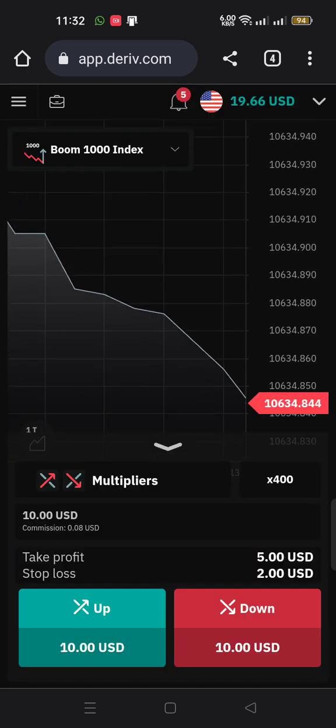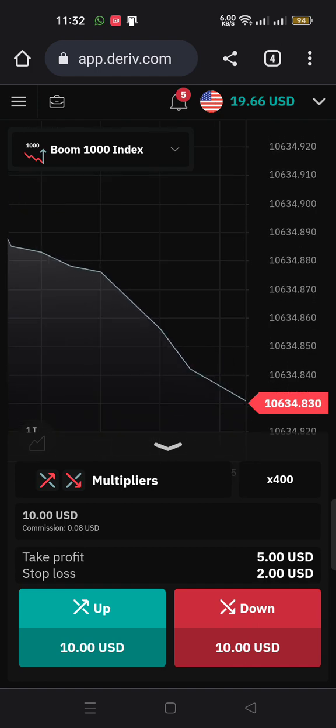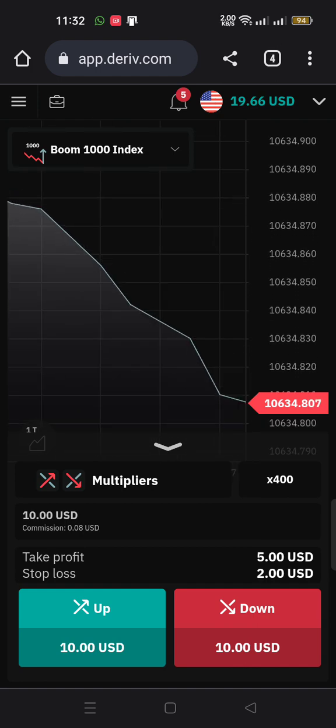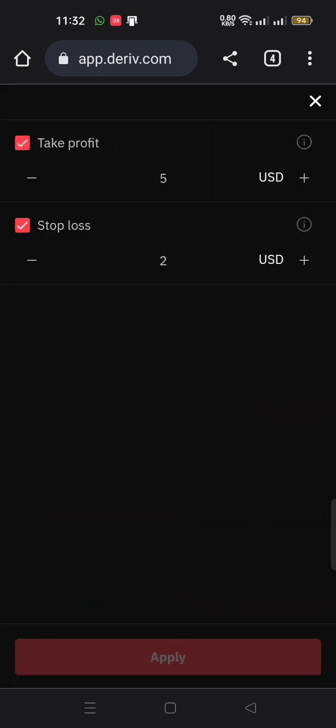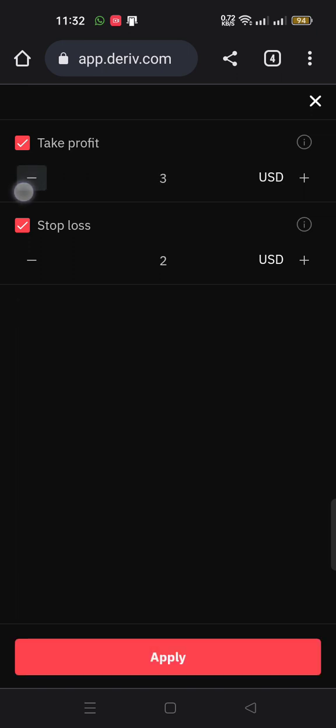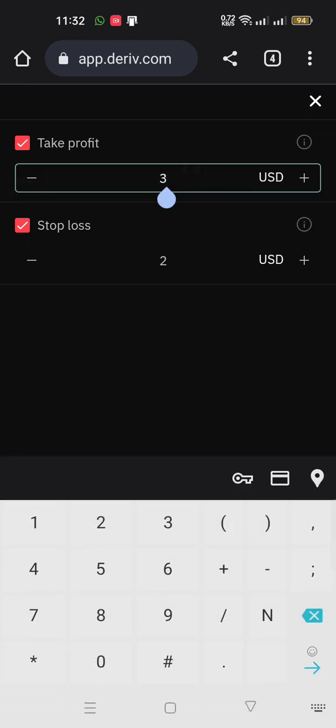So if you wish to place another trade, you can always trade, but my recommendation is to have small targets that you can reach easily. Let's say maybe $1 per run, $1 or $2.